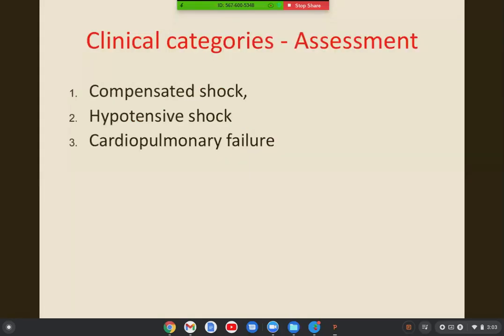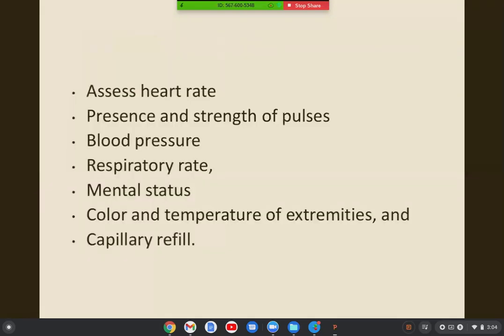Clinical categories while assessing a trauma patient are divided into three main categories: compensated shock, hypotensive shock, and cardiopulmonary failure. Now, to get to these categories, we need to assess these physiological parameters. That is, we have to assess the heart rate, presence and strength of pulses, blood pressure, respiratory rate, mental status, color and temperature of extremities, and capillary refill time.